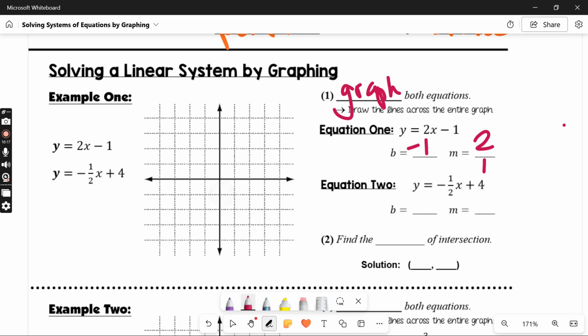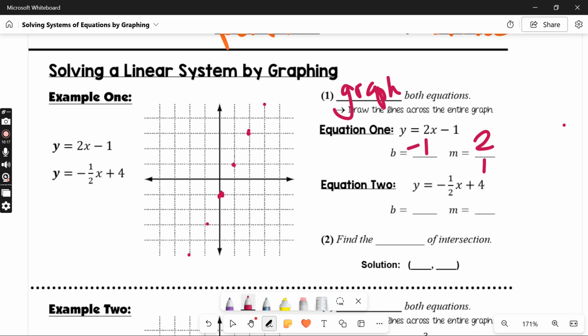I'm going to start at negative 1 on the y-axis, and then from that negative 1, I'm going to go up 2, right 1, up 2, right 1, as many times as I can. Then I'm going to go the opposite way, which would be down 2, left 1, down 2, left 1.